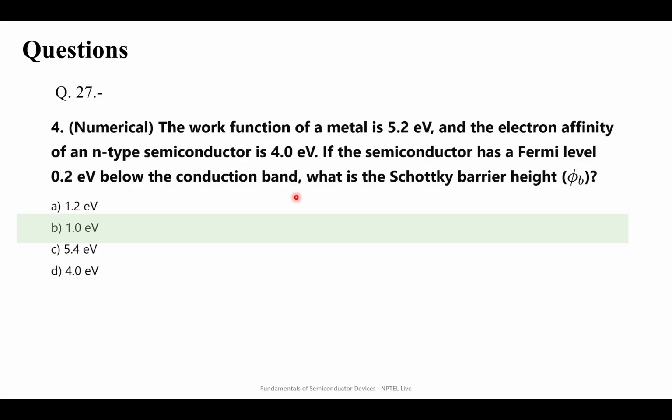If you take out the notes for previous 2 weeks, you will find the equation to calculate your Fermi level, and using that to calculate the work function of your semiconductor, and then you just have to do phi m minus phi s, and that will give you the answer.